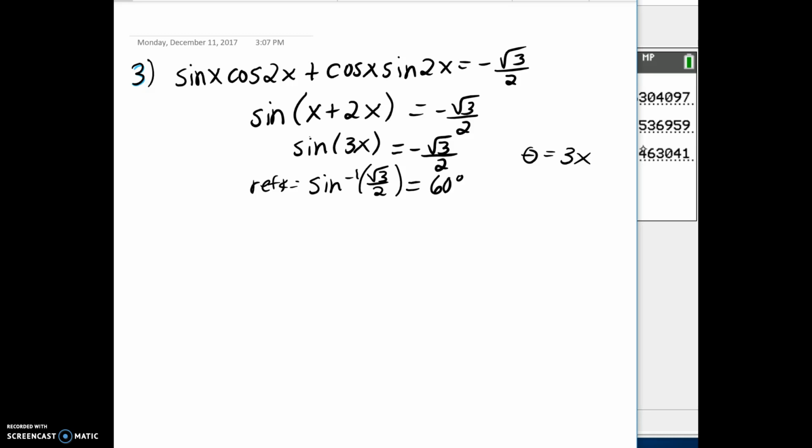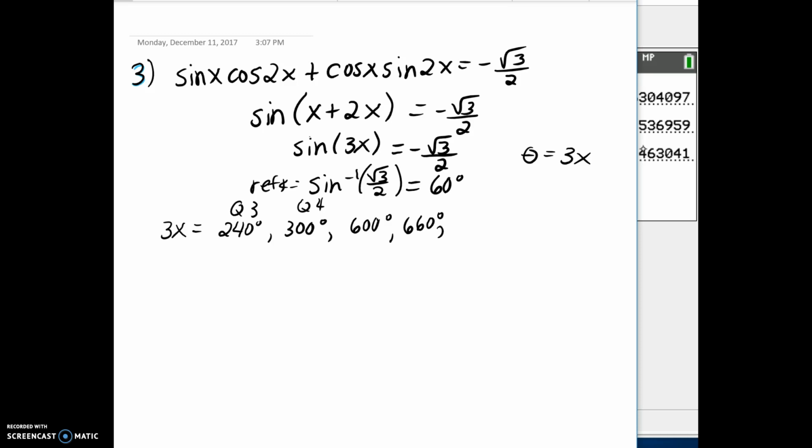And then again, we're doing sine as negative in the third and fourth. So that's going to be 240 and 300. Now, like we said before, if you have 3x, we're going to have 3 sets. So we're going to have to actually add 360 to each of those twice if we're going to use that technique, which would give me 600, 660.